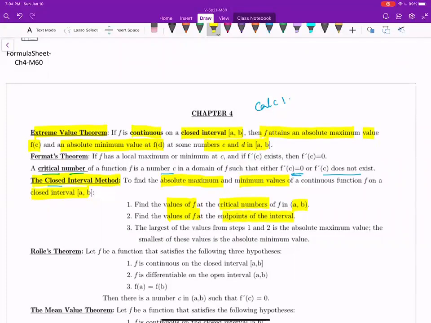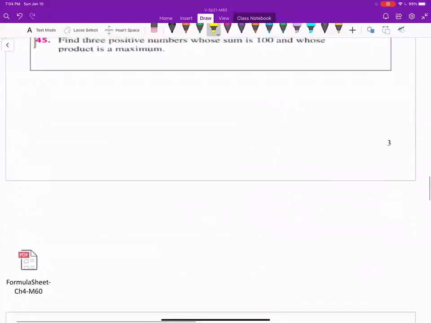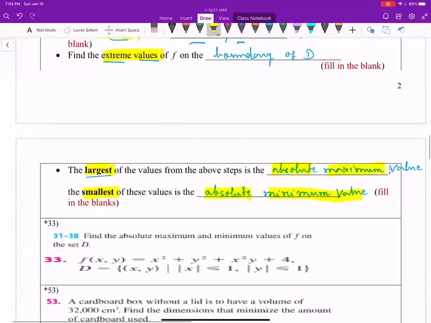The word is equivalent: the endpoints of the interval are the boundary of the domain, the boundary of the domain D in the function of two variables that we saw. The largest of the values from step 1 and step 2 is the absolute maximum value. The smallest of these values is the absolute minimum value. You can relate this to what you studied in Calculus 1, single variable, the same technique, and we are extending that to multivariables.